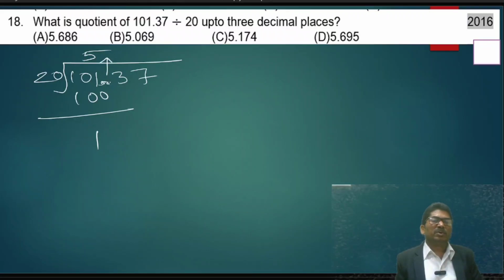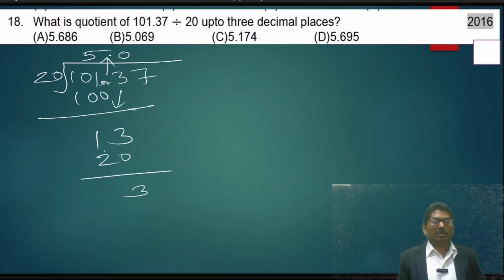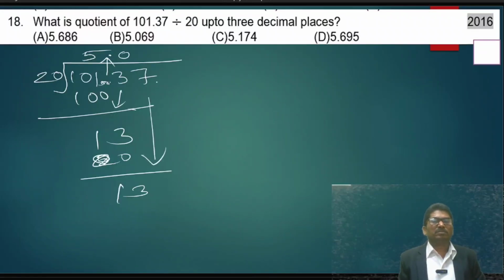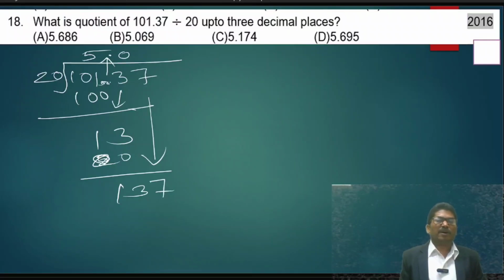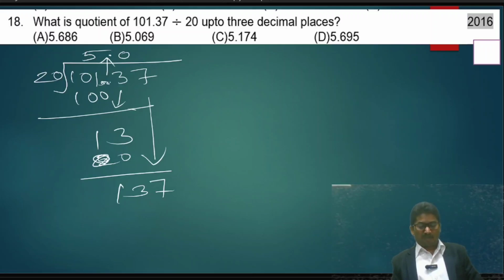Place this decimal point in the quotient, then bring down this 3. 20 zeros are 0. 13. Bring down 7. So how much here? 137.